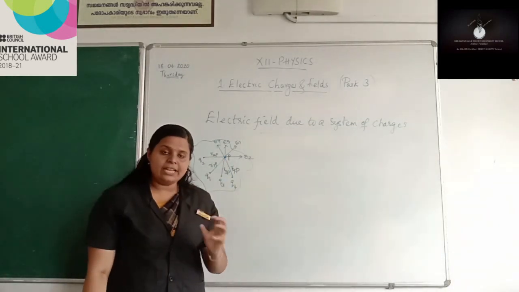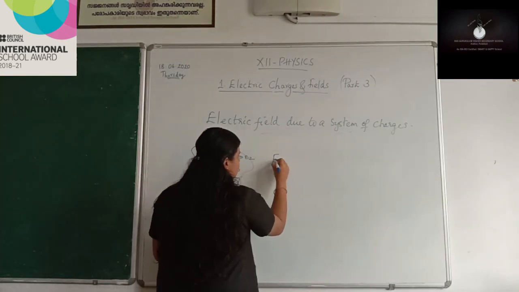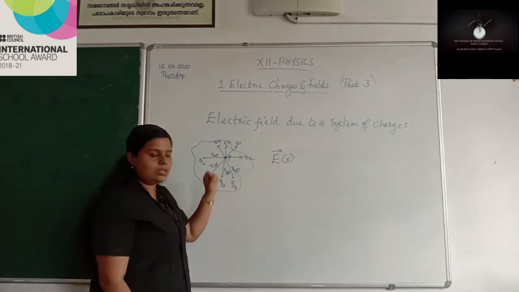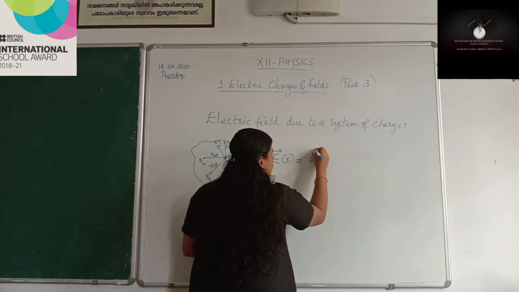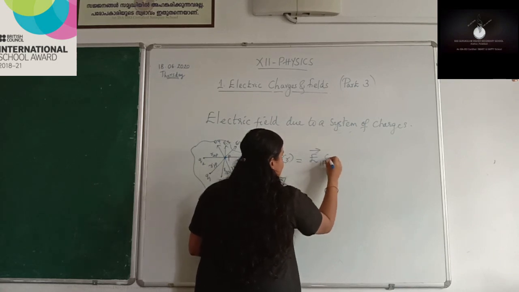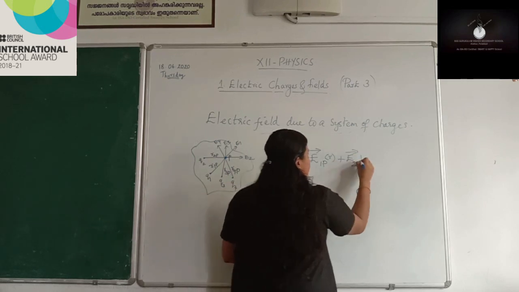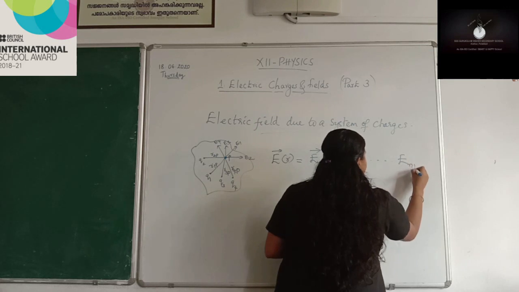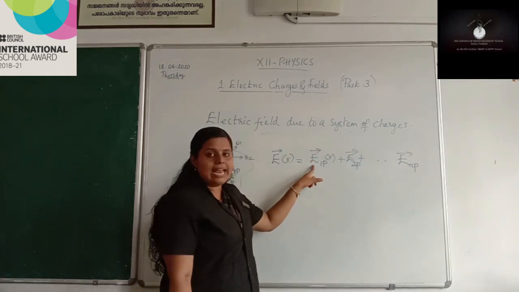So what about the total electric field at this point? This is given by the superposition principle. According to the superposition principle, the total electric field at the point P, E of r, is equal to E1P plus E2P plus, if there are n charges, and so on up to EnP. Now what about the expression of this electric field?